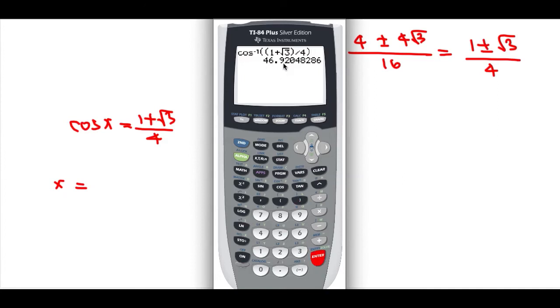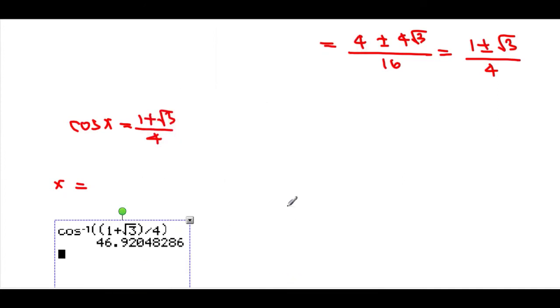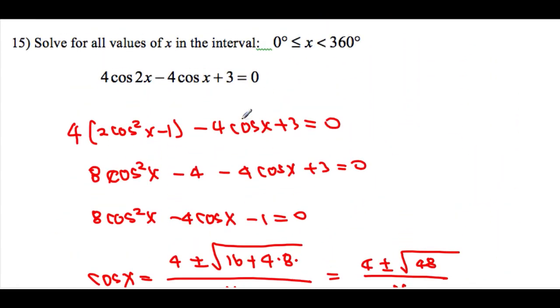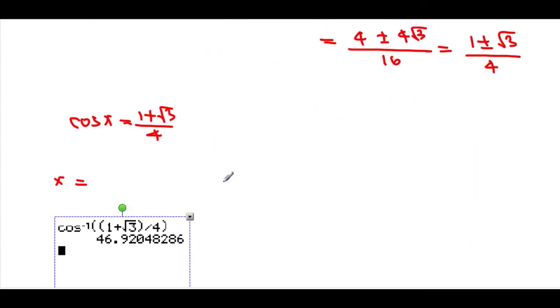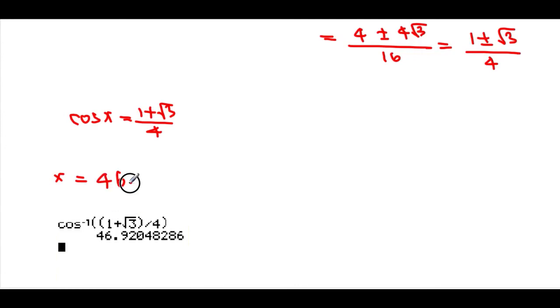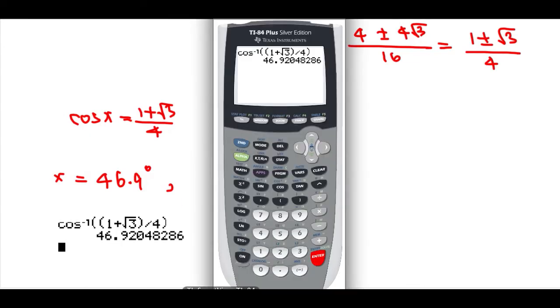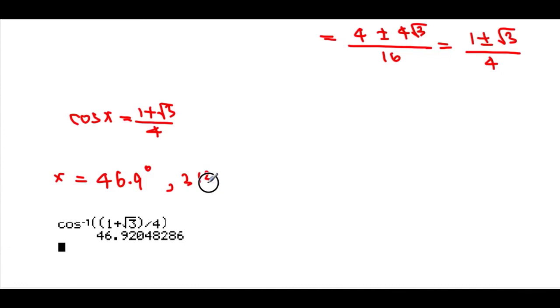Then we get 46.9 degrees. In this case they want us to put it to the nearest tenth, so 46.9 degrees would have been the one. But cosine is positive in the fourth quadrant, so another thing we could have done was 360 minus that value, then 313.1. So those are the two answers.